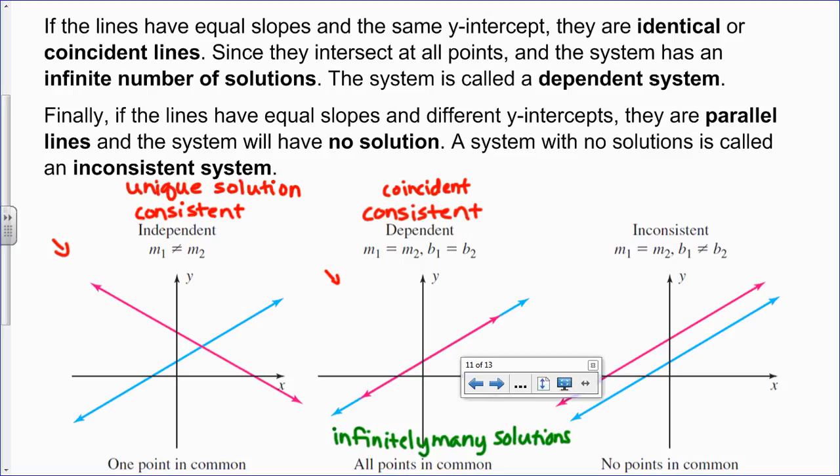On a quiz, you would not have to write infinitely many solutions. It would be these 3 words that I would be looking for. You will be given like a word bank, and you will just label each one with the correct terms. Now, you could use the terms more than once, like consistent, you would use both places.